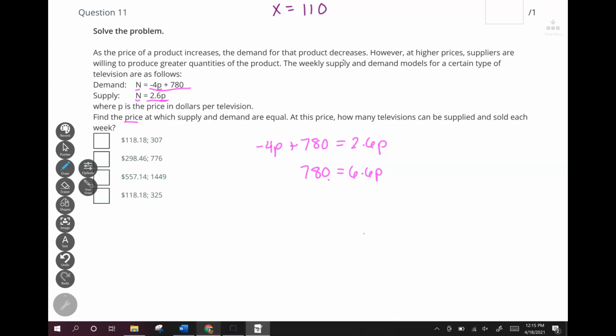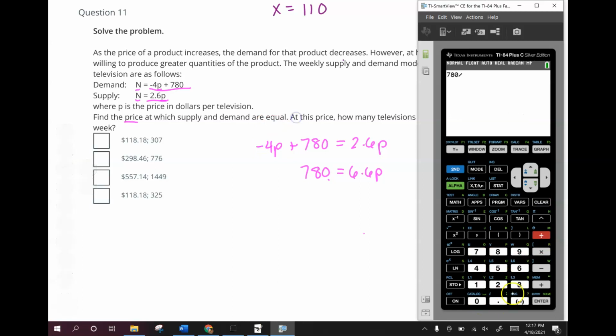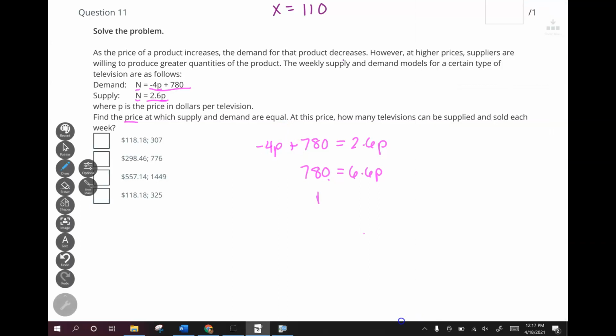And divide by 6.6. So price is going to be about $118.18. Okay, so either A or D for me here. And then the number of televisions, we can plug that back into either of those equations. So I'll just do N equals 2.6 times 118.18.